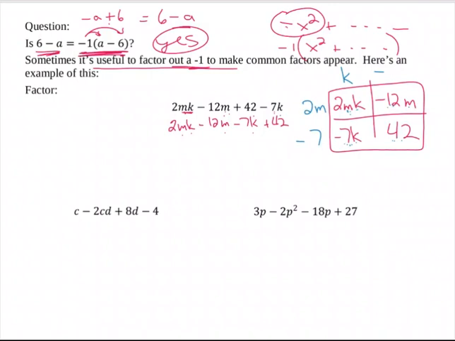It's actually 6. 6 goes into both 12 and 42. And now we don't have an M in both boxes, so I cannot pull out a letter there. It's just going to be negative 6. So that's it. We did not pull out a GCF, so I'm just going to go ahead and write my answer. We have 2m minus 7 times k minus 6, and we're done.